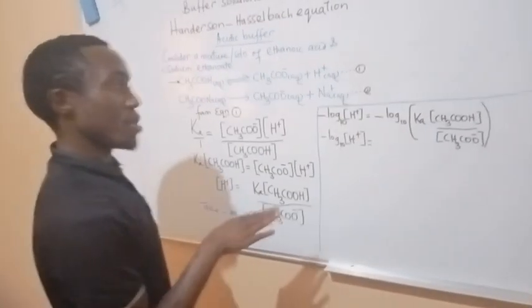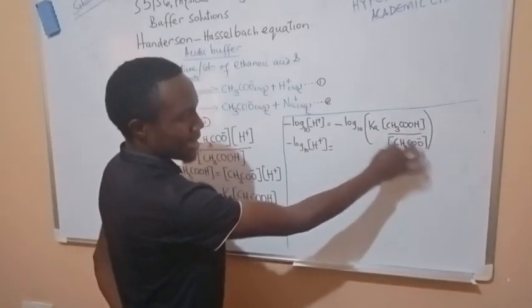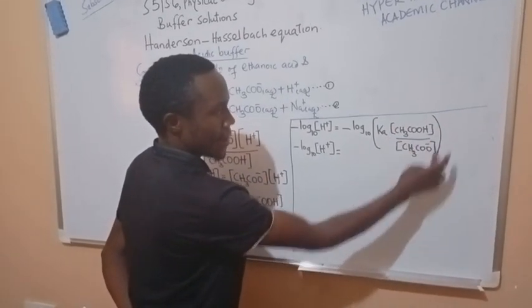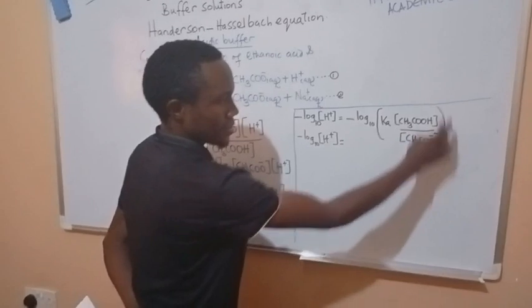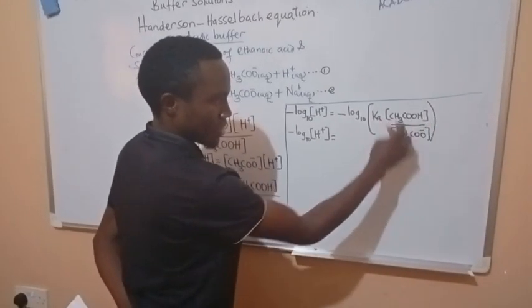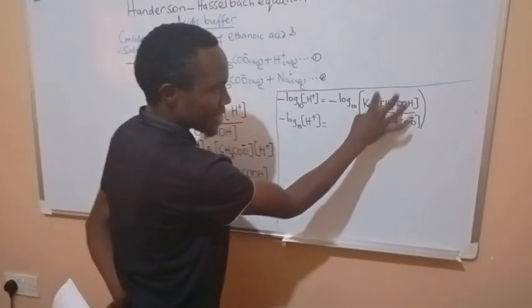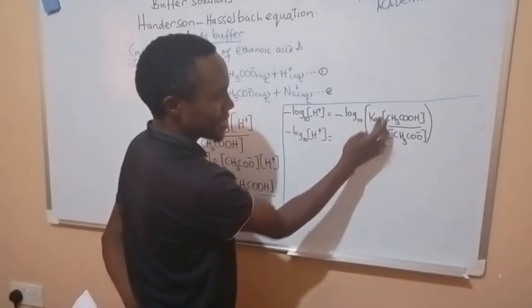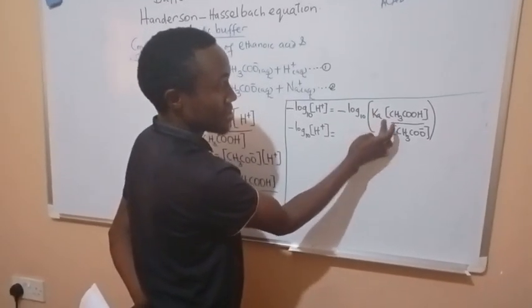Even though you are not doing pure math, this can favor you here. We are multiplying Ka and this ratio of concentrations, under the same base 10 logarithm. Since I'm multiplying, I will split them and add.